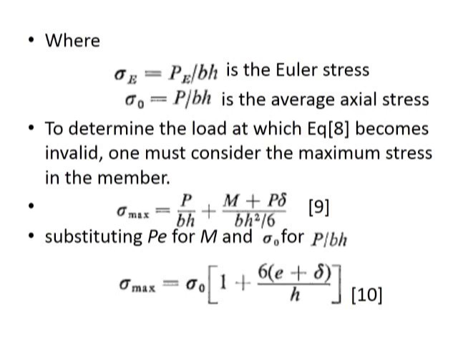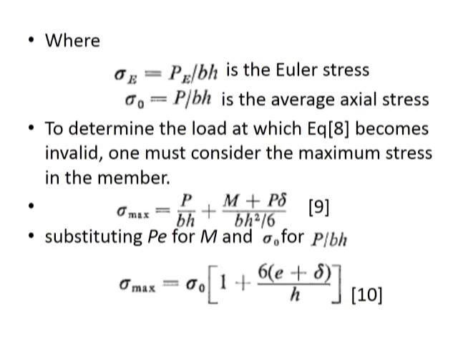To determine the load at which equation 8 becomes invalid, one must first consider the maximum stress in the member. Therefore, we get the equation sigma max is equal to P by breadth into height plus M plus P delta divided by breadth into height squared divided by 6.